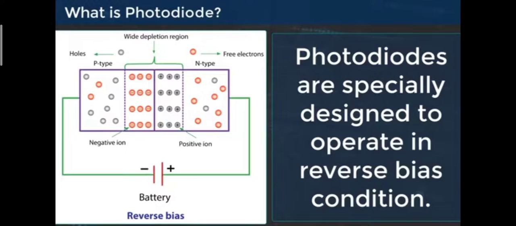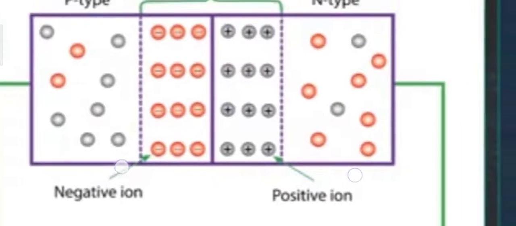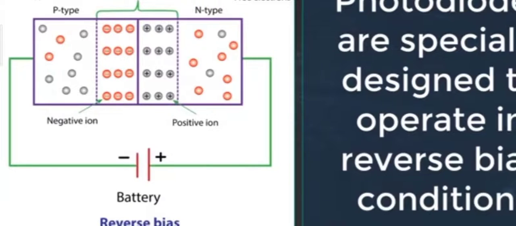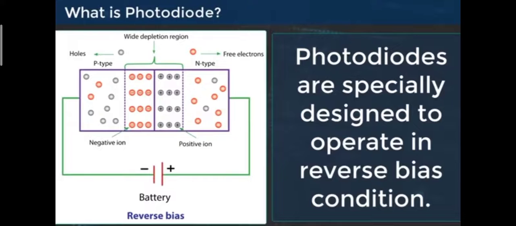When we connect the negative terminal to the p-type semiconductor, there will be a repulsion between the negative charge of the battery and the electrons in the p-type semiconductor, so these electrons try to move towards the n-type semiconductor.